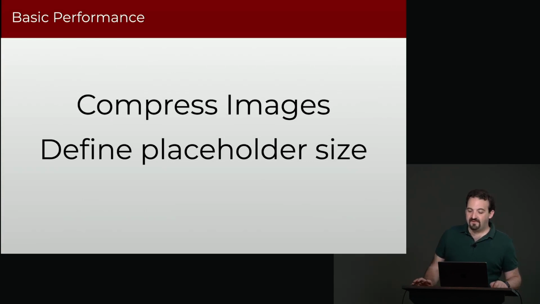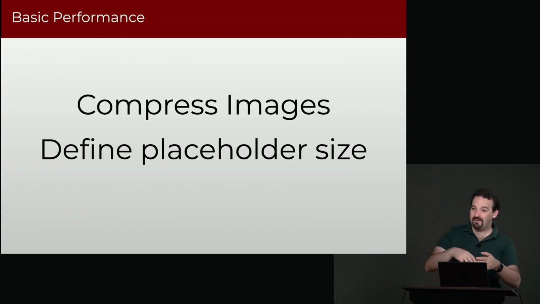Compress images, define placeholder size. Placeholder size is using CSS or HTML to define the width and the height of the image placeholder. If you don't do that, and I think that's one of the problems we have in our website, we will have content layout shift, because the browser will not know the size of the image before actually downloading it.